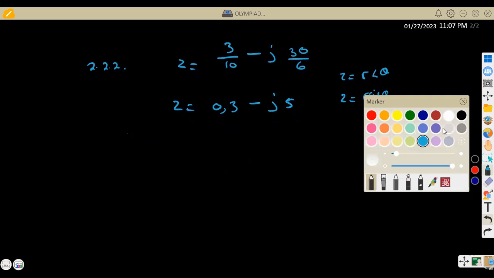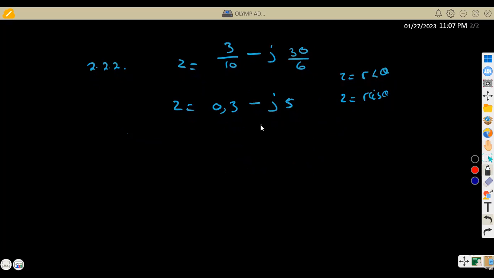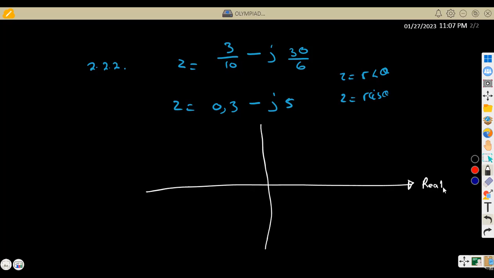Remember, on the Argand diagram, guys, I actually explained before that the horizontal axis is the real axis, and the vertical is the imaginary axis. Okay, so this is how you represent it.